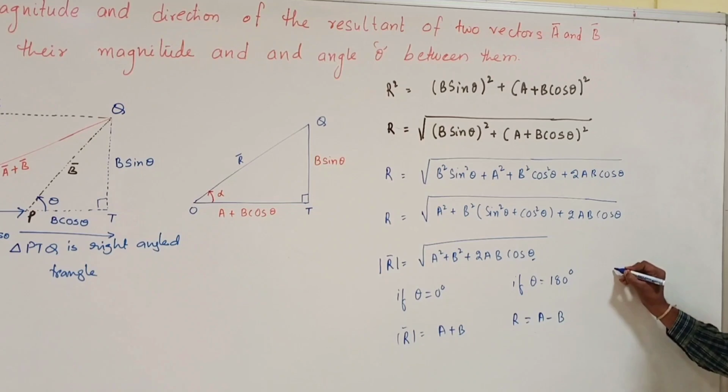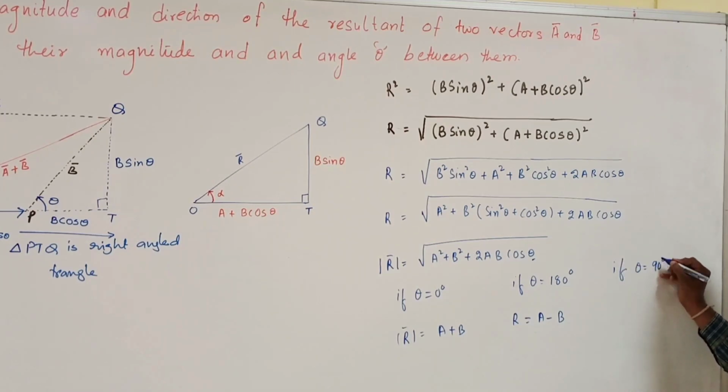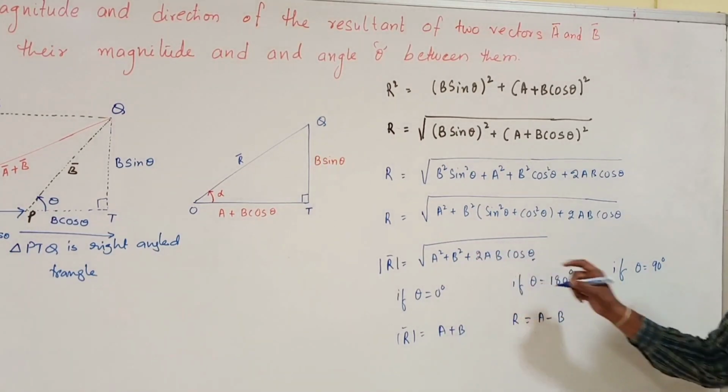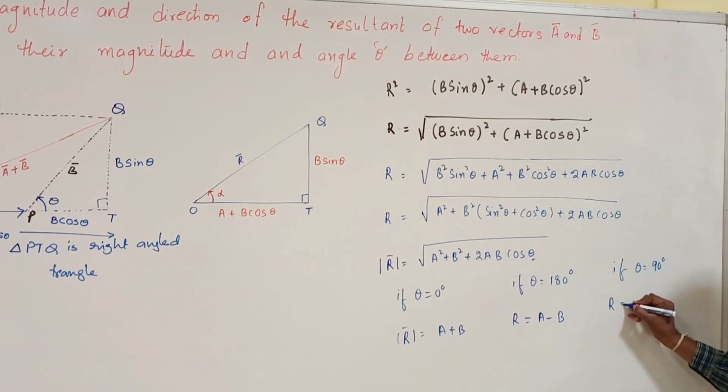If theta is equal to 90 degrees, if two vectors are perpendicular to each other, then what happens? Cos 90 is 0. The entire term becomes 0. Now, R magnitude is equal to under root of A square plus B square.